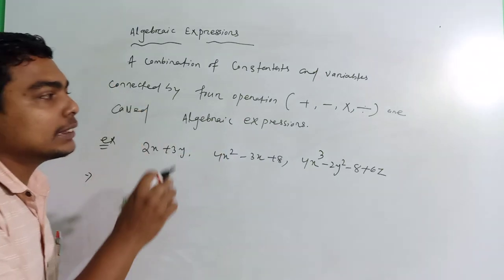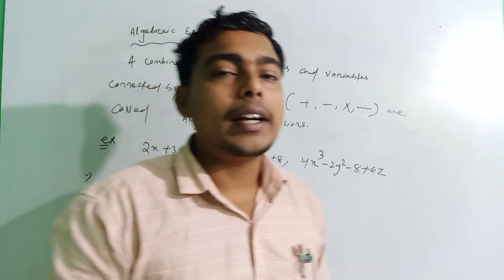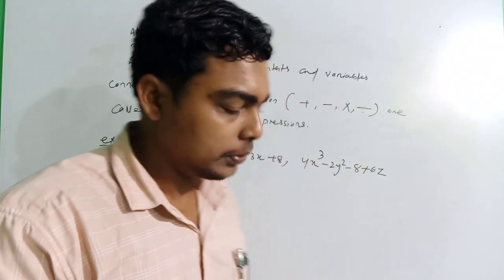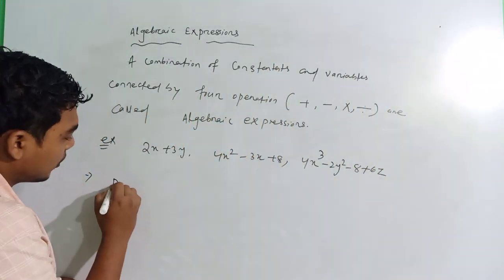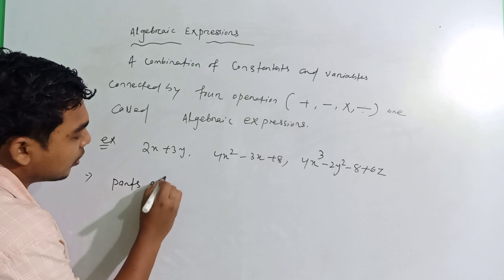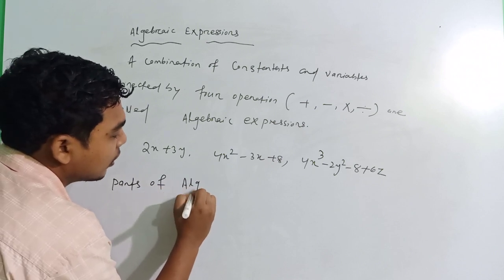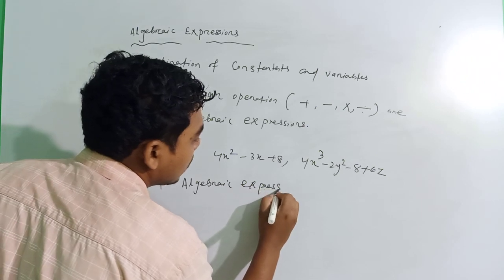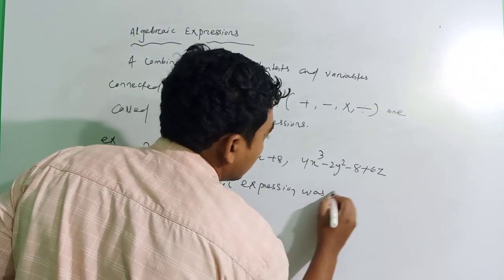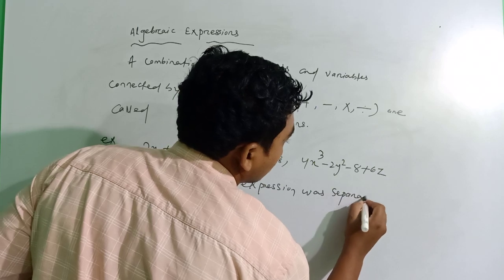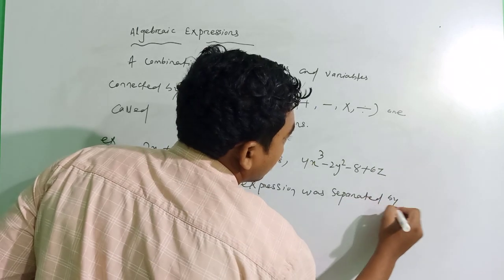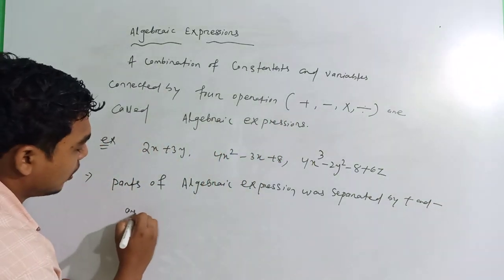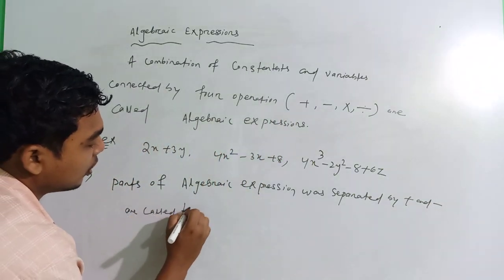Those parts of an algebraic expression that are separated by only plus and minus are called terms.